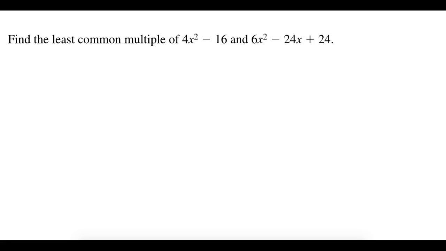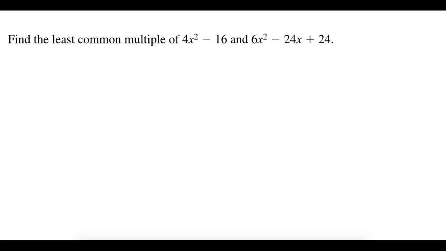So one way of doing that is finding the least common multiple of polynomials. We're going to have to do this sometimes when it's not quite as evident what our common term, our common denominator, is. There's a couple different ways you can do this.